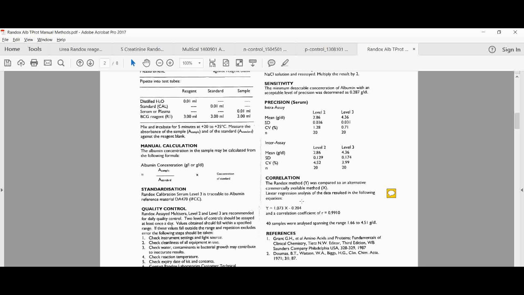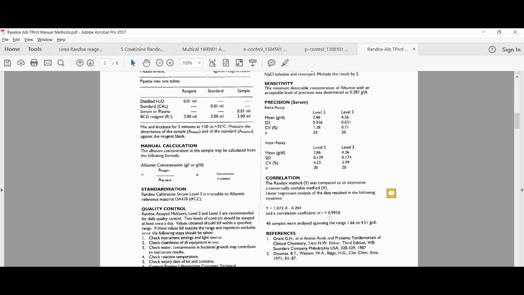They compared Randox albumin with, let's say, for instance, they don't say what it is, but let's say they used Beckman-Coulter albumin, and they compared the results that they got from here with results they got from there, and they did a calculation and they got a value of 0.999. Now, the closer you get to 1, the better, the more correlation there is between the two methods. So in this case, you almost have 1.